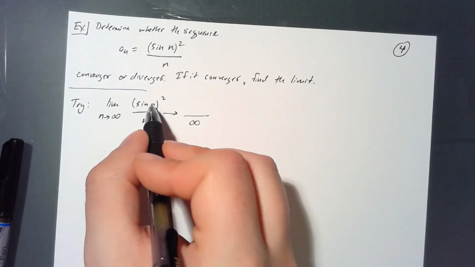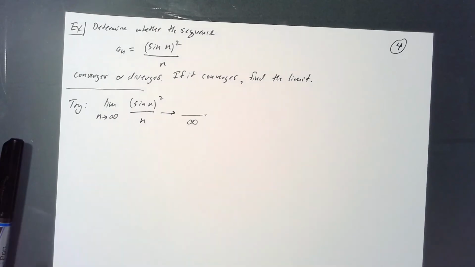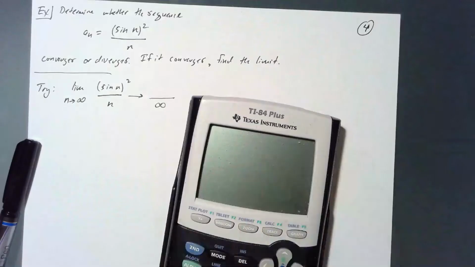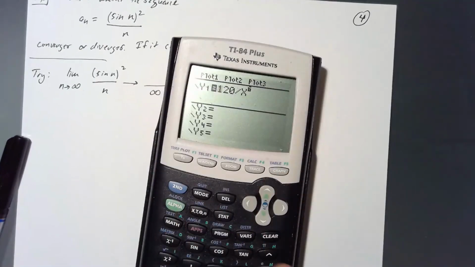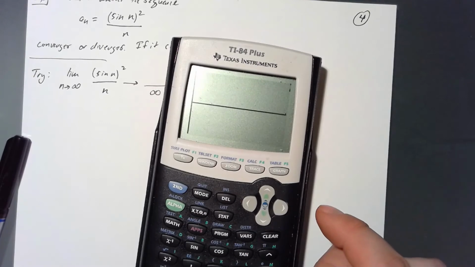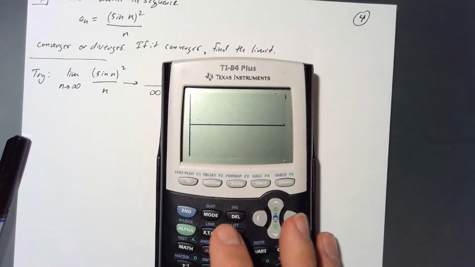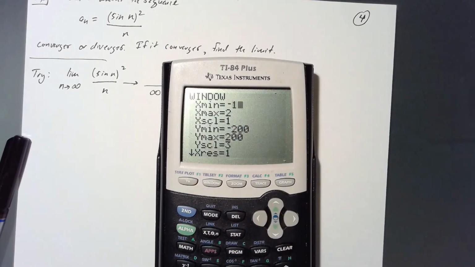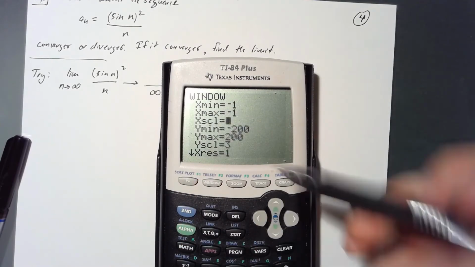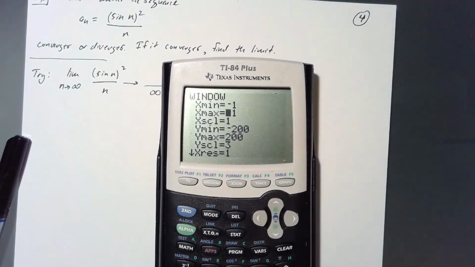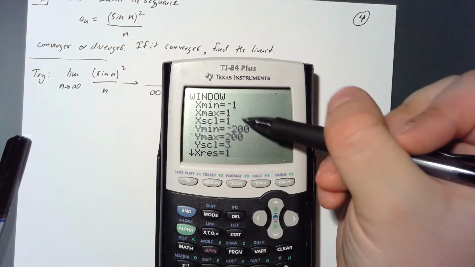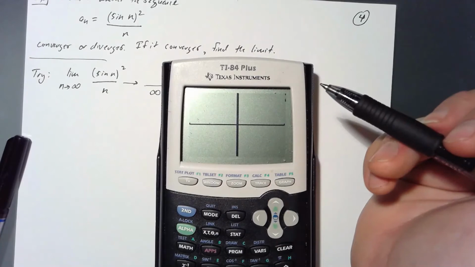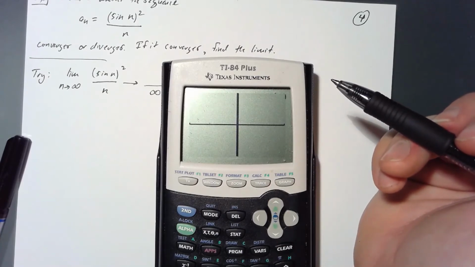Sine of n when n is big. So, as you already know, if I graph it in your calculator, and you know this from trigonometry, sine of x is caught between -1 and 1, right?